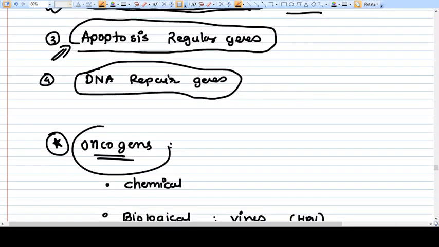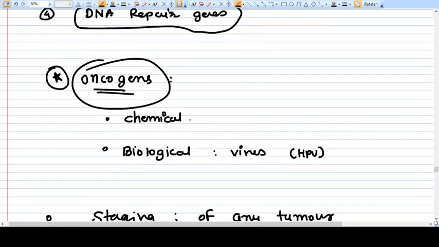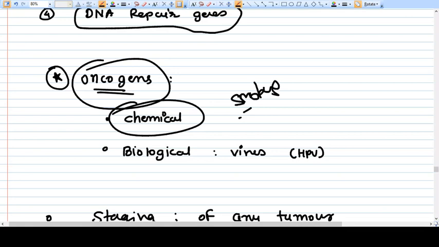There are some oncogens. What are the oncogens? We call them oncogens because they increase the incidence of that cancer. So there are chemical oncogens like benzodiazole and all benzene derivatives. Smoking is an oncogen for lung cancer.